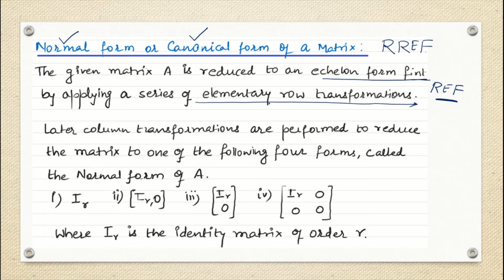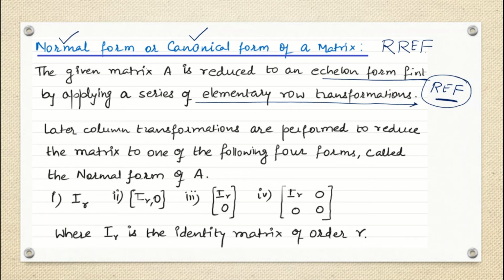Now, what we are going to discuss here is that to convert a matrix into row echelon form, we will be applying the elementary row transformations. We will be seeing this in coming classes when we find the rank of the matrix. Fine. What we have done till now is make the matrix row echelon form.